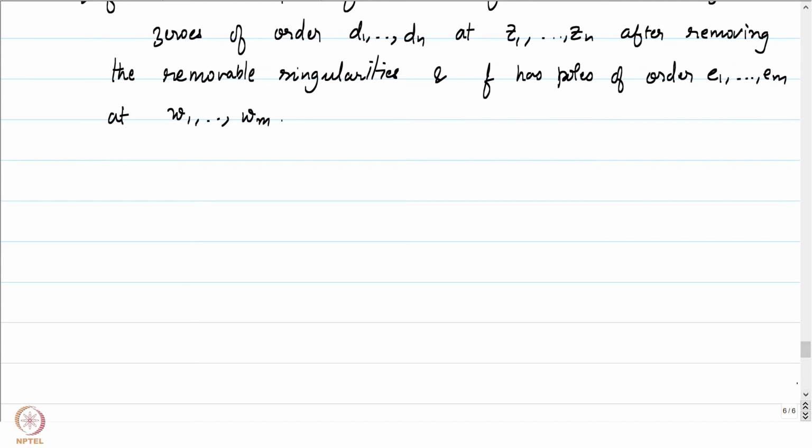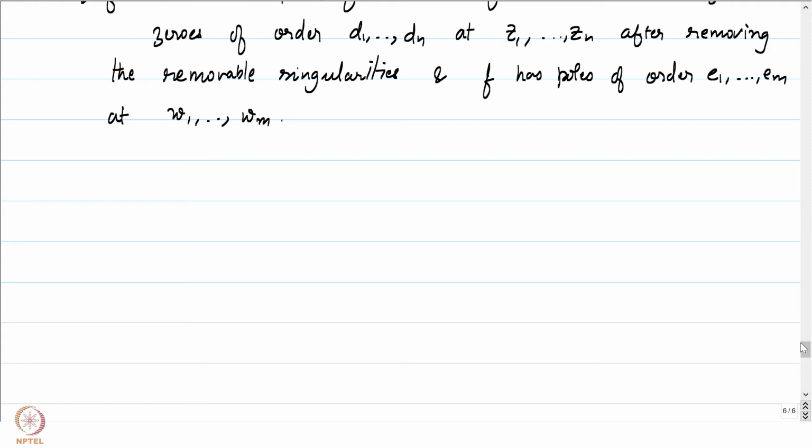We have a function f which is defined on omega minus w1, w2 up to wm, and each of these wi's are poles with order e1, e2 up to em respectively, and also f vanishes exactly at z1, z2 up to zn. No other point does f vanish, and the orders are captured. Order of the zero of f at zi is captured by di. So this is our function f.